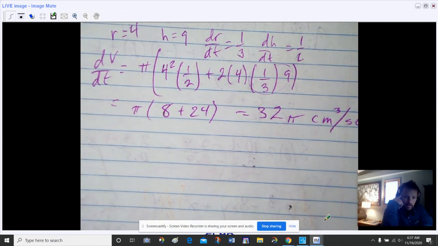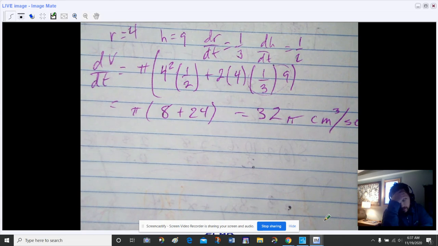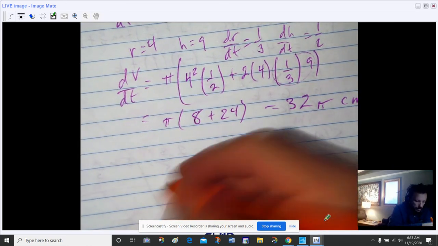Related rates. We didn't really do that, so you can expect that tomorrow. If I remember correctly, I don't think a second derivative with implicit differentiation was there, so expect that tomorrow. But here's something for you, real important.